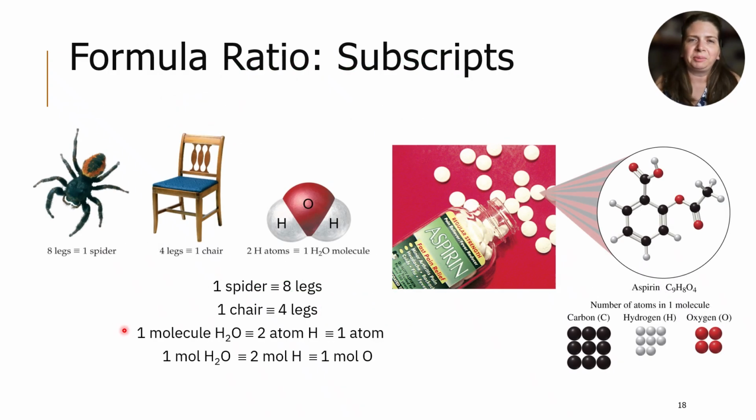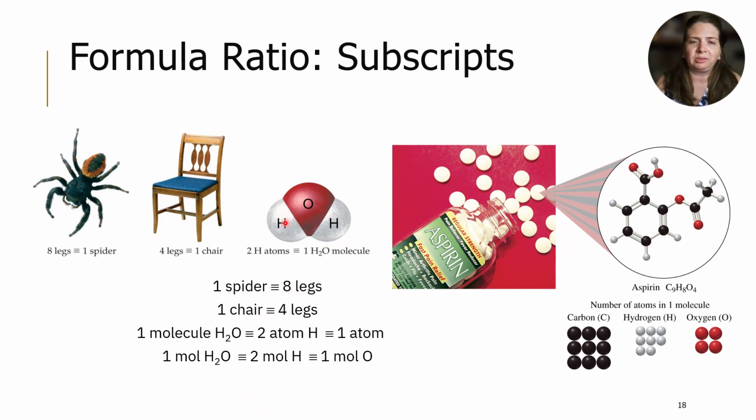The chemical formula of a compound can be used as a conversion factor. We call this relationship a formula ratio. A formula ratio helps us relate a whole object to the individual parts that make it up. For example, one spider has 8 legs. One chair has 4 legs.